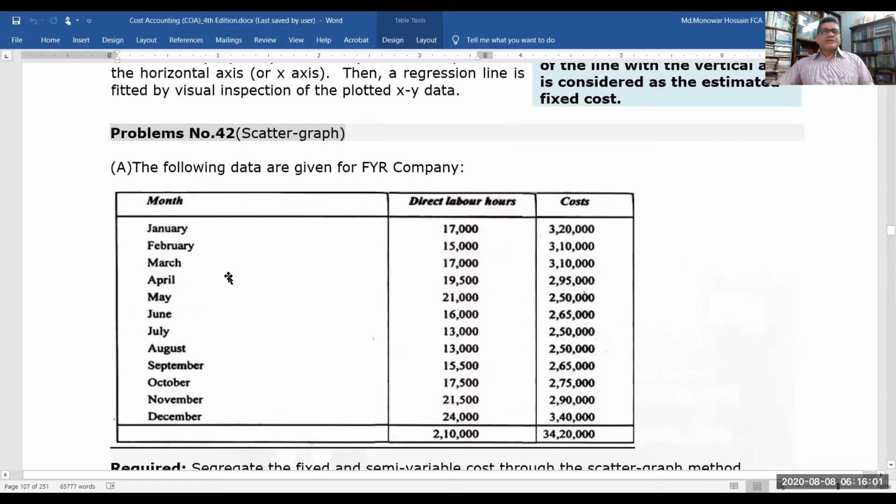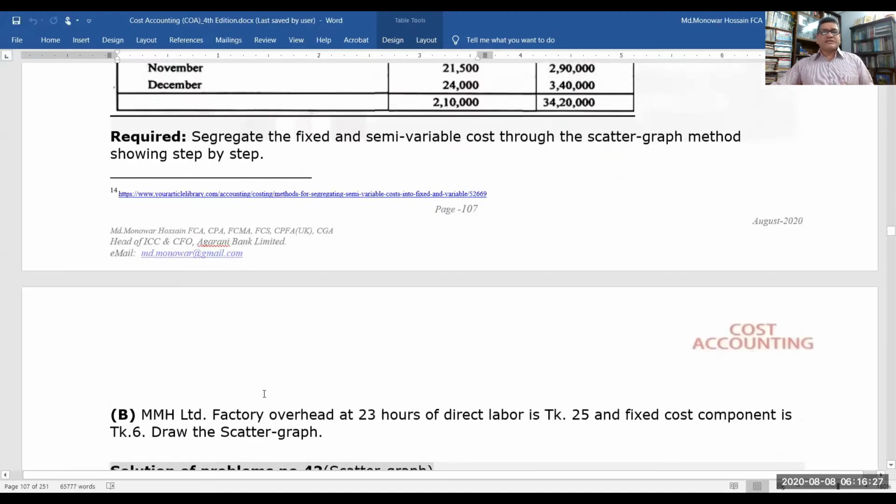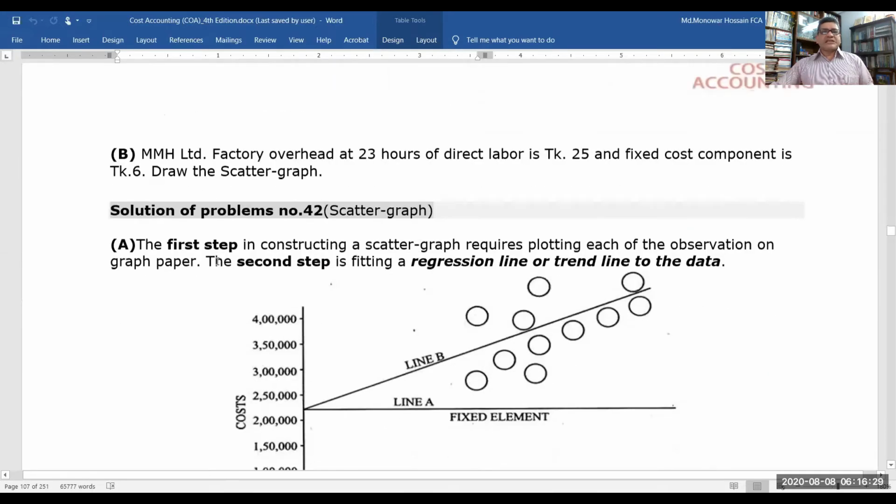We see here the following data given for a freight company. The direct labor hours for January to December total 2,10,000 and costs are 34,20,000. So if we see here fixed and variable cost through the scatter graph inspection method, there are separate steps.